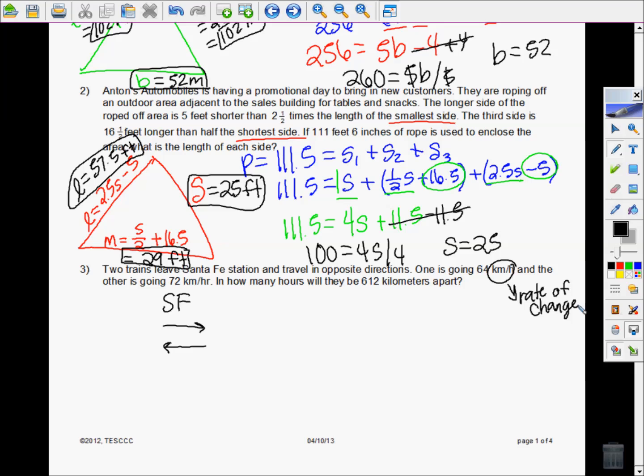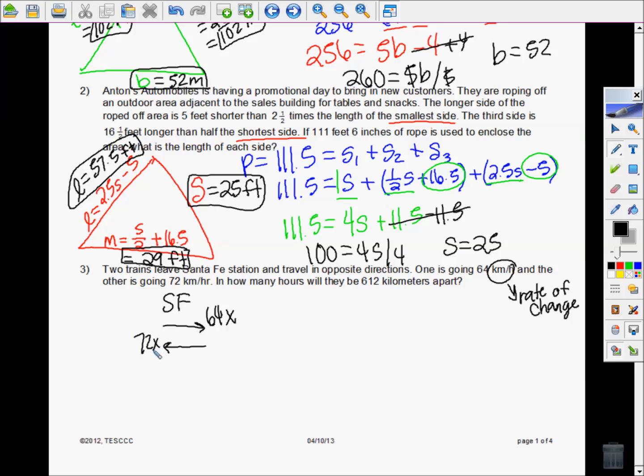So the equation for this train is 64 times x, because slope is always with what variable? X. So this train is going 64 kilometers per hour, and x represents our hours. This train heading this direction, what is its rate of change? 72x.